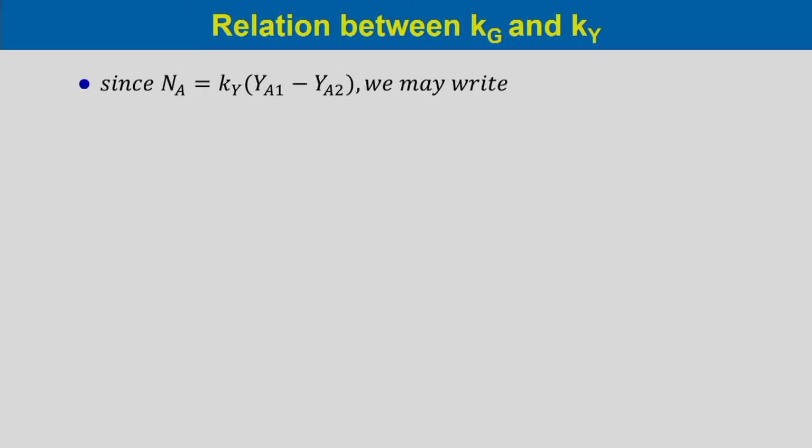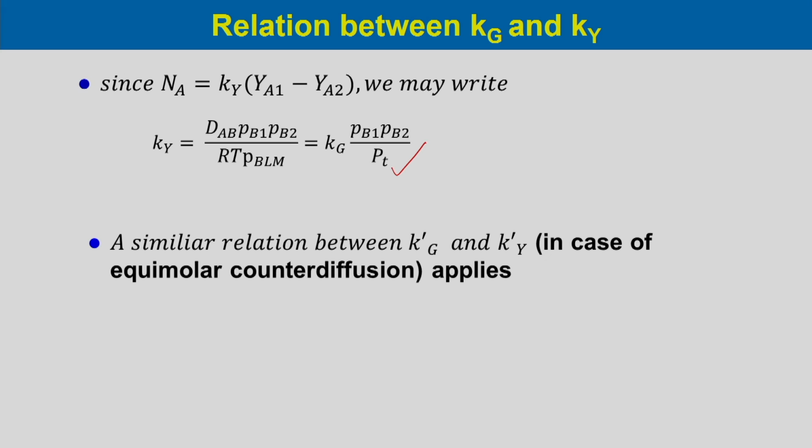Since Na is equal to Ky into capital Ya1 minus Ya2, we may write capital Ky would be equal to dAb Pb1 into Pb2 divided by Rt delta PBLM, which would be equal to kg Pb1 into Pb2 divided by Pt. Okay. Similar relations between kg dash and ky dash in case of the equimolar counter diffusion apply.